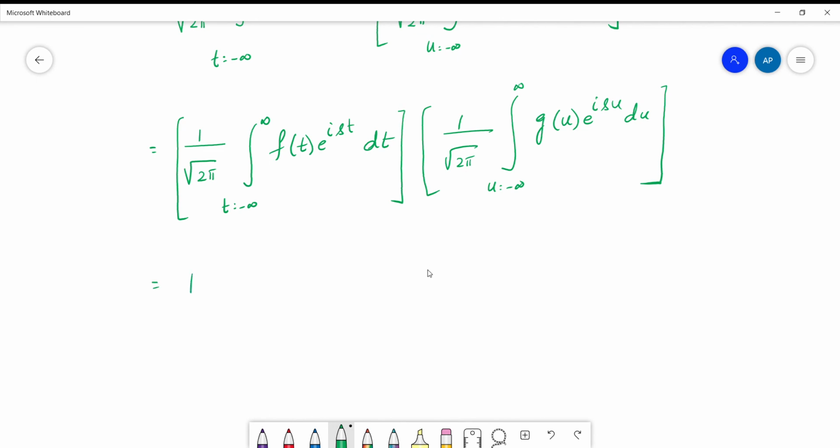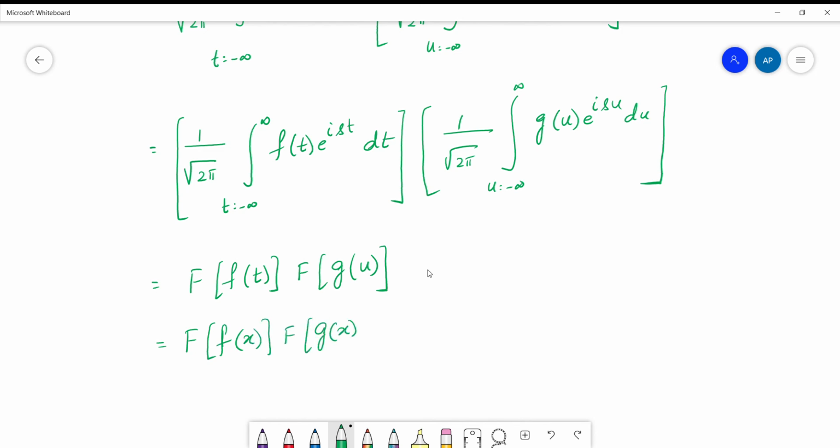Now this is nothing but the Fourier transform of f of t, and this is nothing but the Fourier transform of g of u. But because I told you that t, u, x are all dummy variables, this is nothing but the Fourier transform of f of x into the Fourier transform of g of x, the reason being changing the dummy variable.